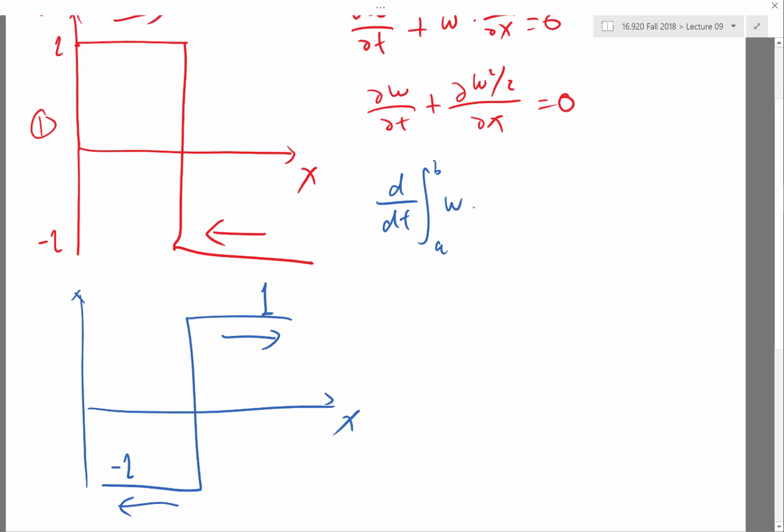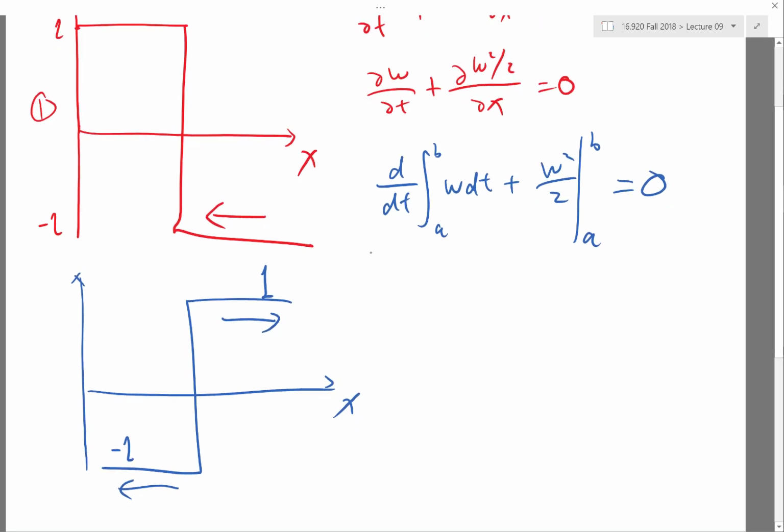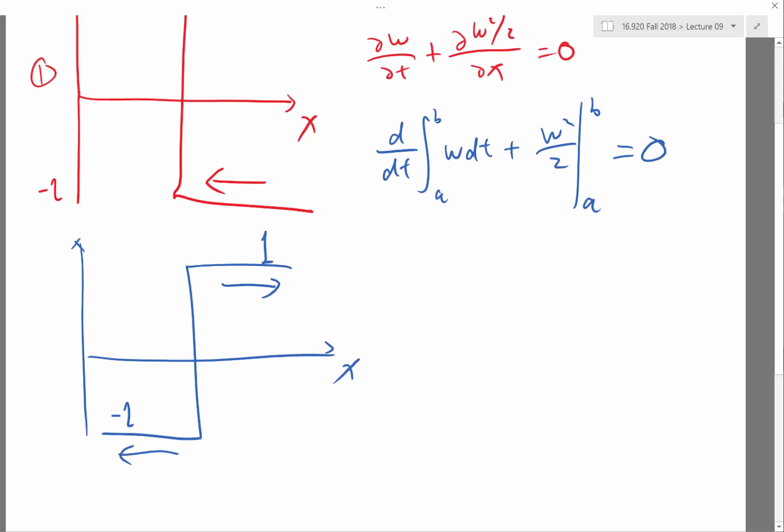The derivative of the total conserved quantity within any interval, plus W squared over 2, which is the flux, the difference between B and A, has to be equal to 0. This equation is satisfied by two different solutions. One solution is that my W of X and T stays like that forever. It's equal to 1 or -1 if X is greater than 0 or X is less than 0.